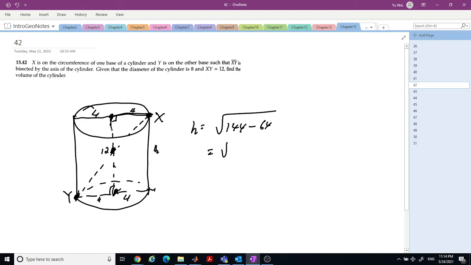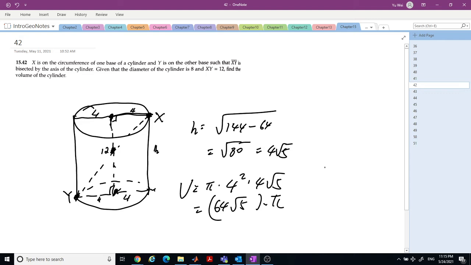So it is the root of 80, right? You can see it's 16 times 5, so it's 4 root 5. Then you can see the volume will be pi times 4 squared times 4 root 5, which is 64 root 5 times pi.